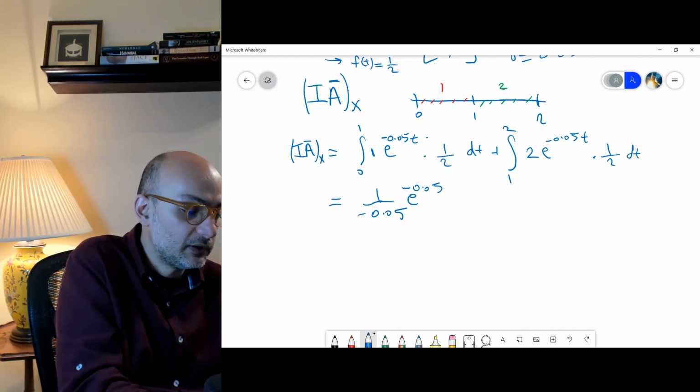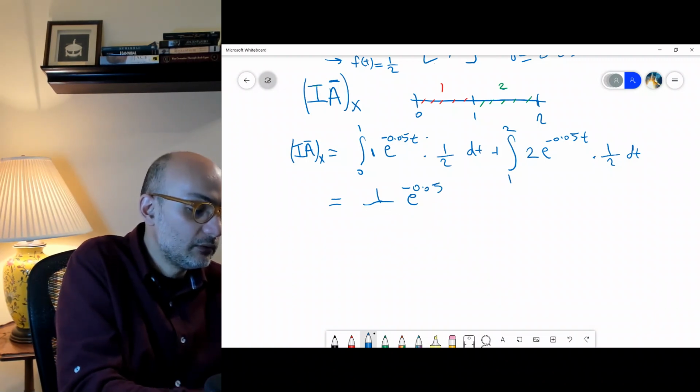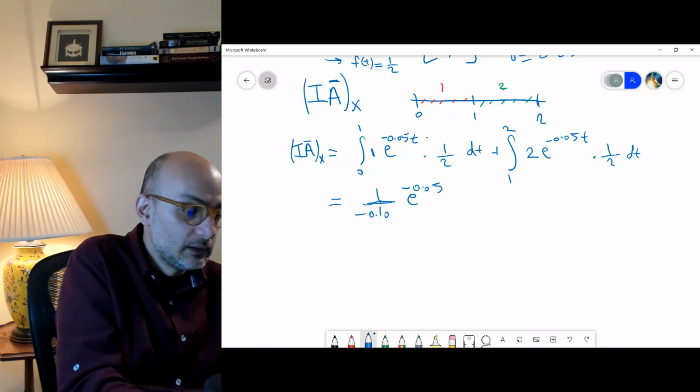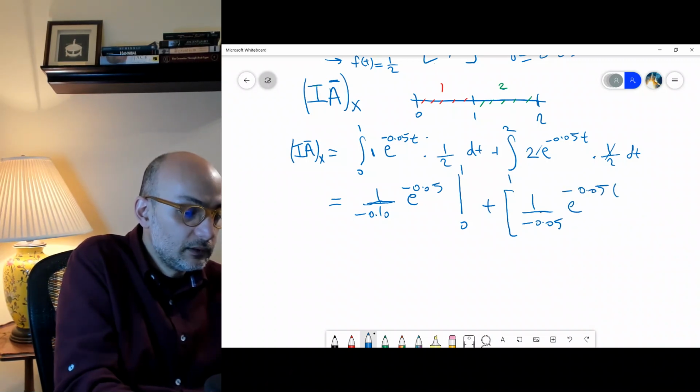There is a 1/2 here, so let's replace this with 1 over minus 0.10, from 0 to 1, plus. Now the 2 and the 1/2 cancel out, so here 1 over minus 0.05 e^(-0.05t), from 1 to 2.